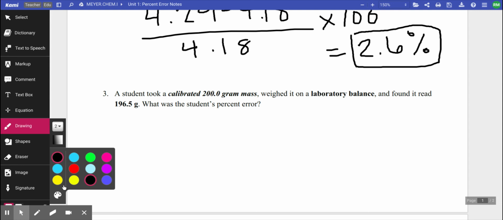A student took a calibrated 200-gram mass, weighed it on a laboratory balance, and found it to read 196.5 grams. What was the student's percent error?